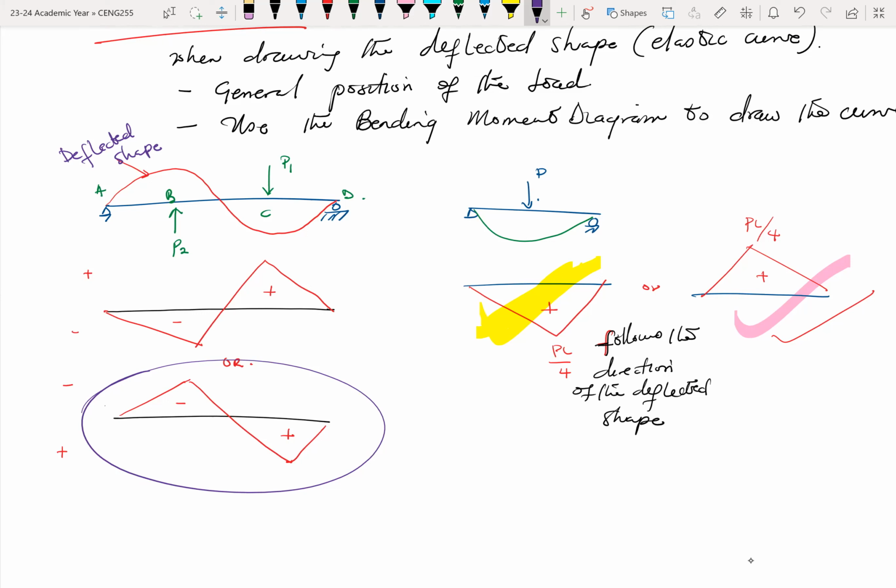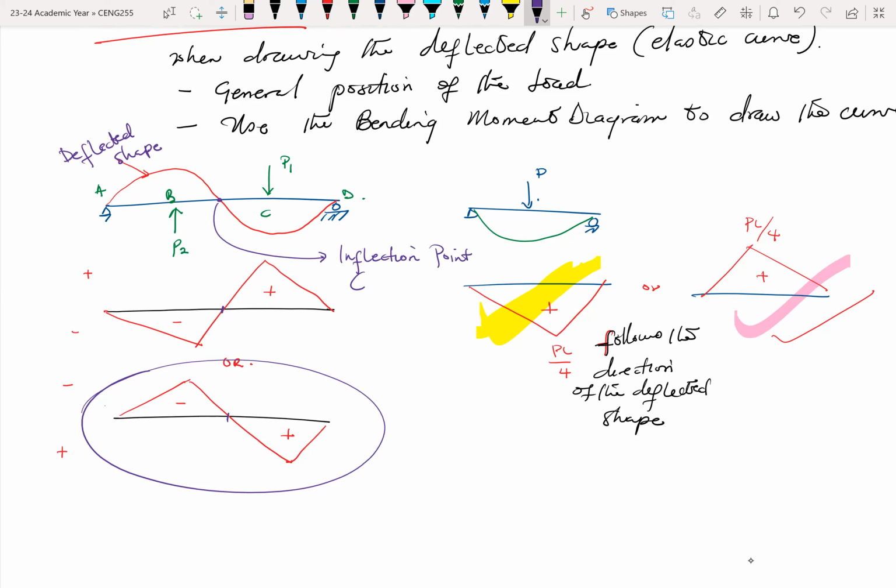At some point over here, this is 0. All right. So here, the moment is 0, as we can see. Or the deflection is 0. And at that point, we call that point the inflection point.